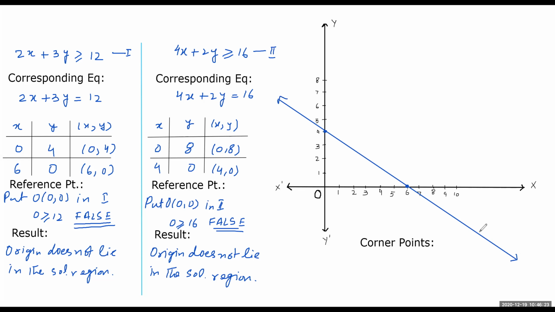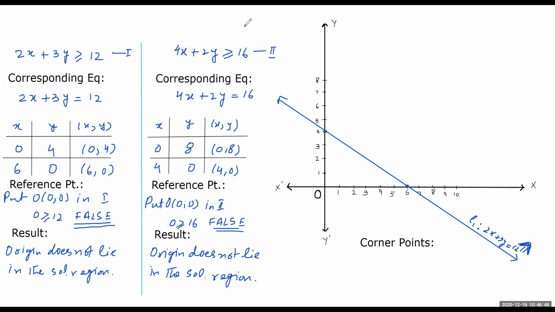And then write the equation of the line, which is 2x plus 3y equals 12. Name it L1 and mention its solution region, as origin does not lie in the solution region. So one region is below it and the second region is above it. As a result, its solution region will be shaded on this side of the line.